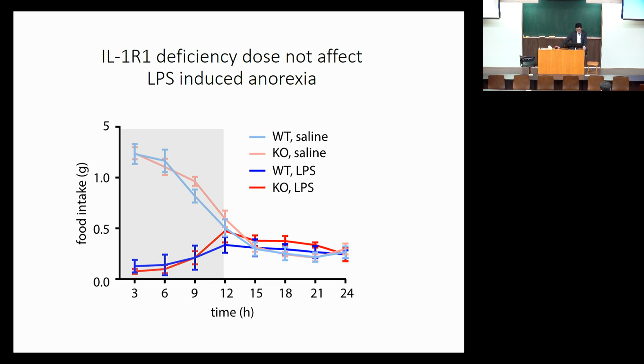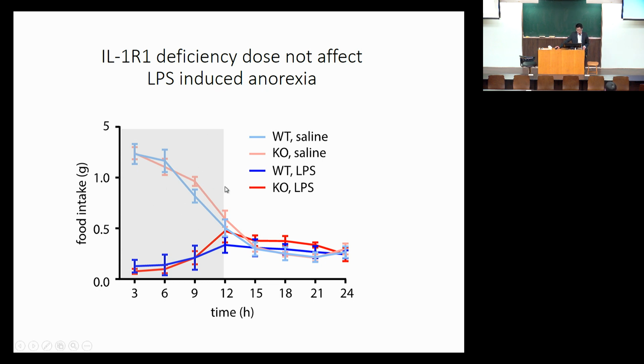Here I compared the food intake between wild type and knockout. Again, knockout and wild type have similar responses to the LPS. The gray part is the dark phase. Rodents, rats and mice, eat food in the dark phase.